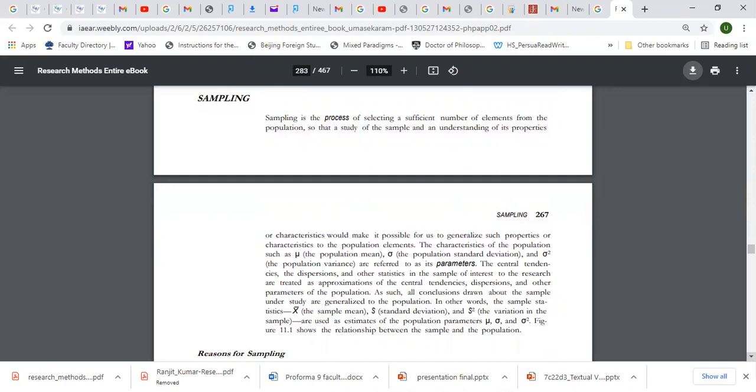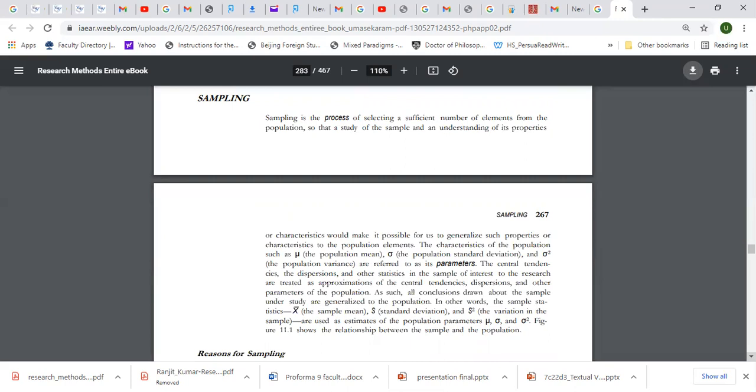Sampling is actually that process through which you take people or elements from the population. You collect that sample. This whole process of collection, selection, all this is called the sampling process.